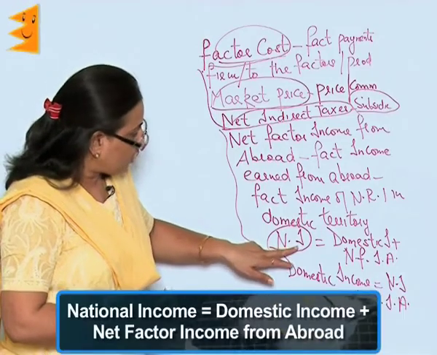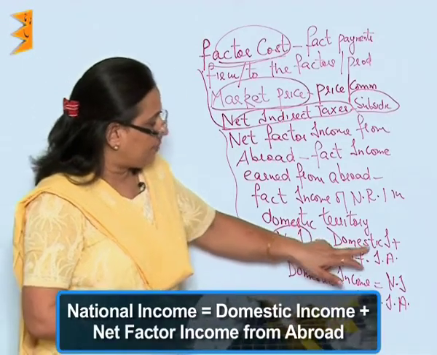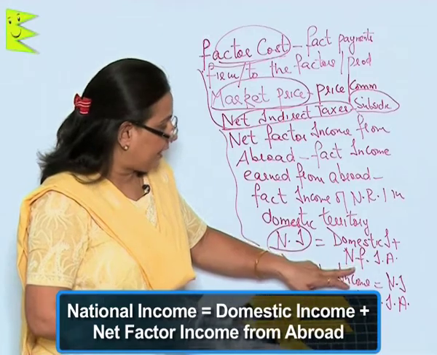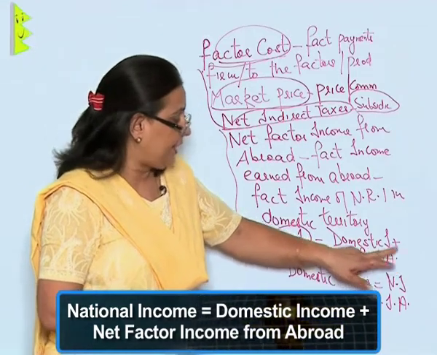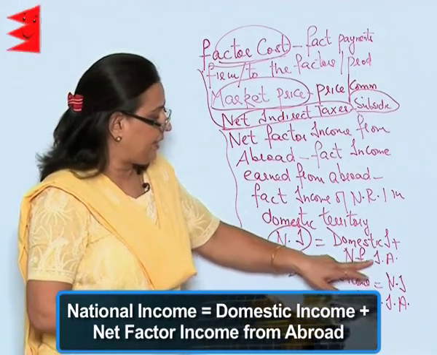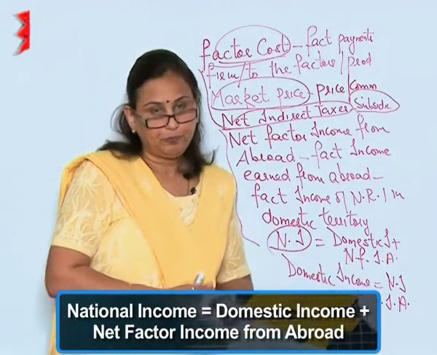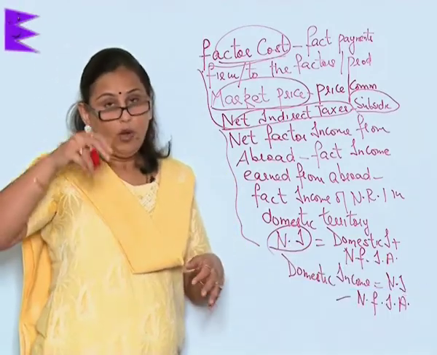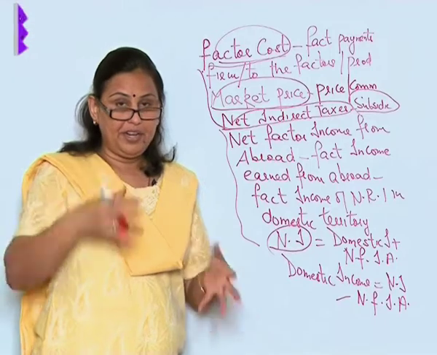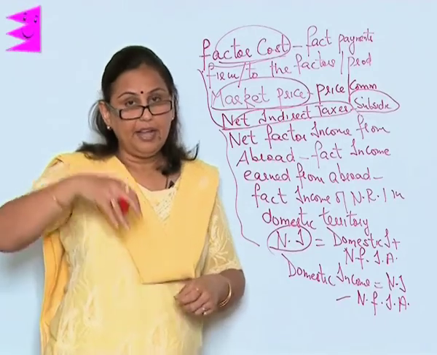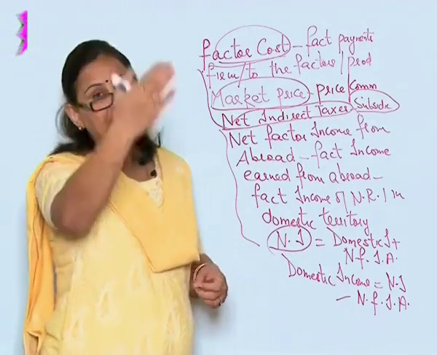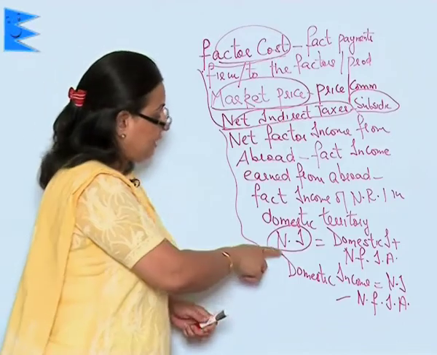So, the national income will be domestic income in addition to the net factor income from abroad.